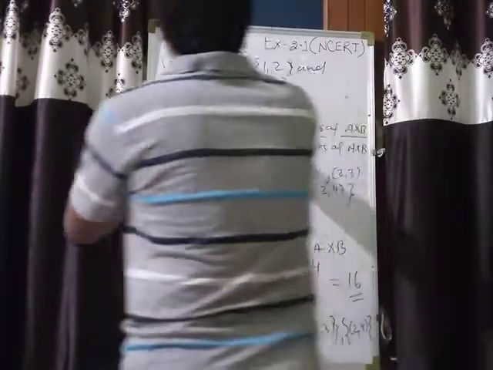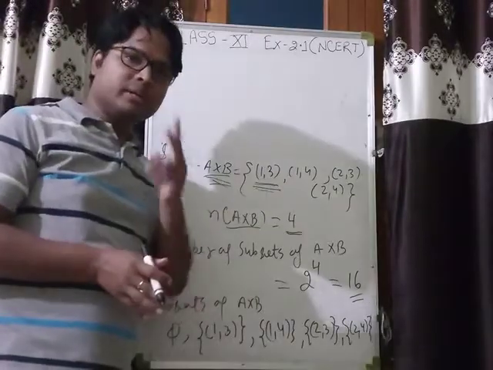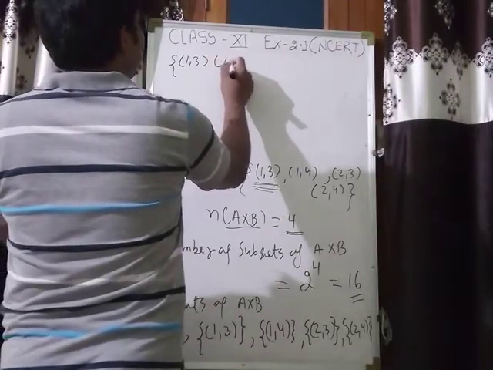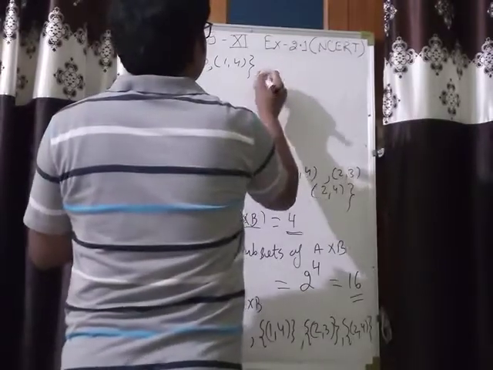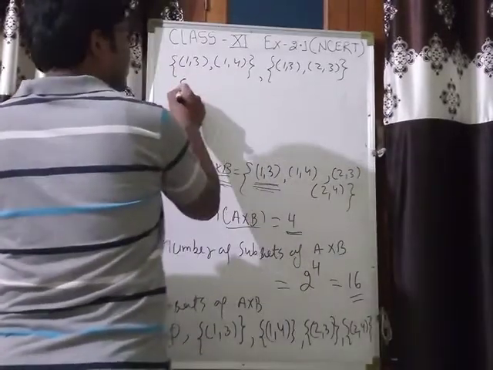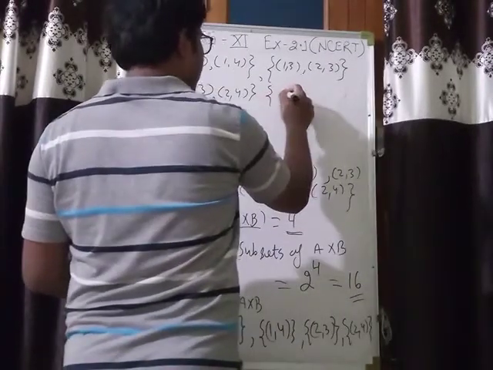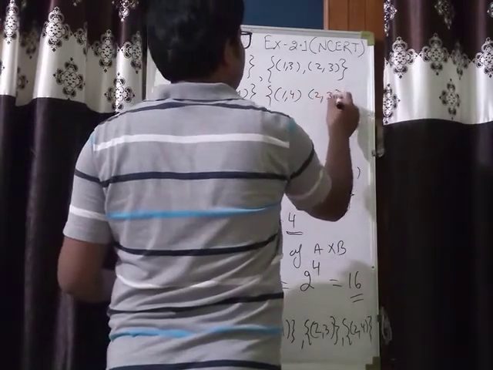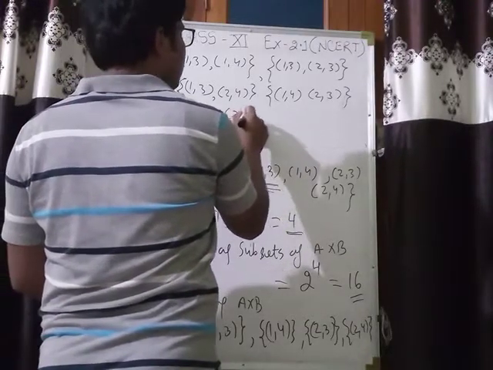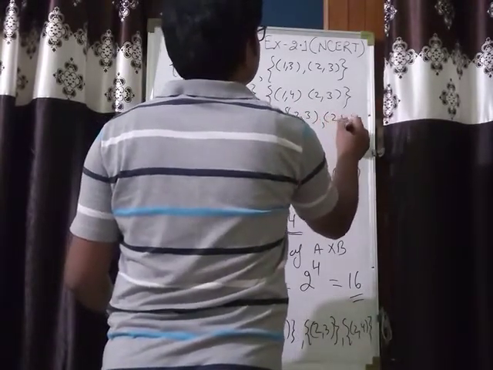Now next, subsets having 2 elements, so they will be {(1,3),(1,4)}, this one, and then {(1,3),(2,3)}, this one, then {(1,3),(2,4)}, this one, then {(1,4),(2,3)}, this one, then {(1,4),(2,4)}, this one, then {(2,3),(2,4)}, this one.